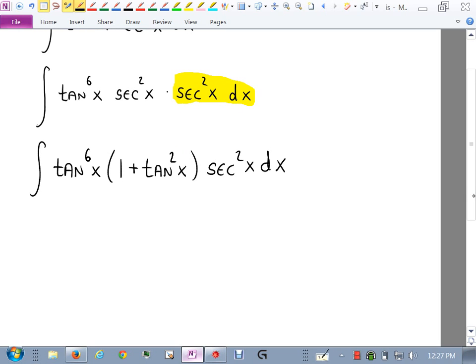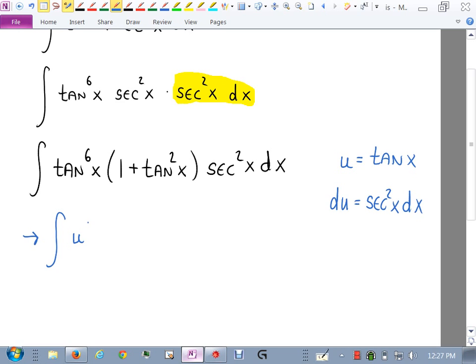Everything's tangents except that piece over there, which is our du. I'm ready for a substitution. U is tangent x. Du is secant squared x dx. That's the derivative of tangent. Rewrite the integral in terms of u. What do you have?